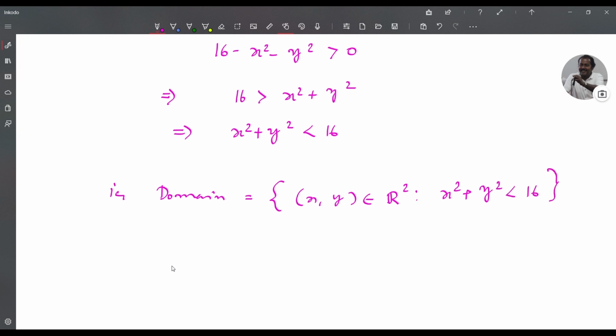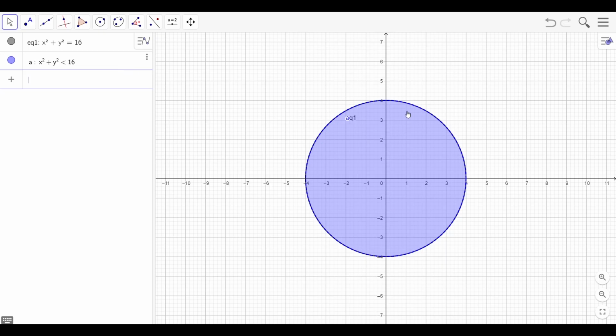So it is actually the interior of the circle x square plus y square equal to 16. So you can see that the blue region is the interior of the circle with the radius 4 units. You can see that this is an open region because every point is an interior point.